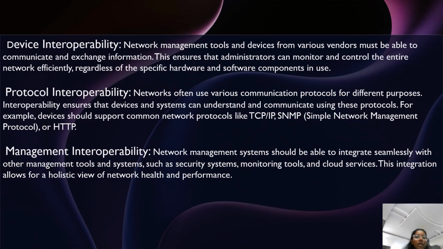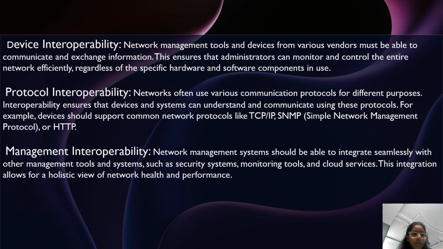There are three types of interoperability: device interoperability, protocol interoperability, and management interoperability. Let's see about device interoperability. Network management tools and devices from various vendors must be able to communicate and exchange information. This ensures the administrators can monitor and control the entire network efficiently, regardless of the specific hardware and software components in use.